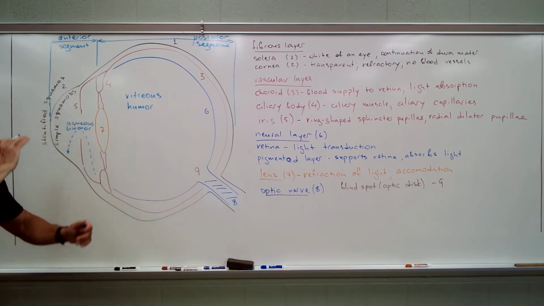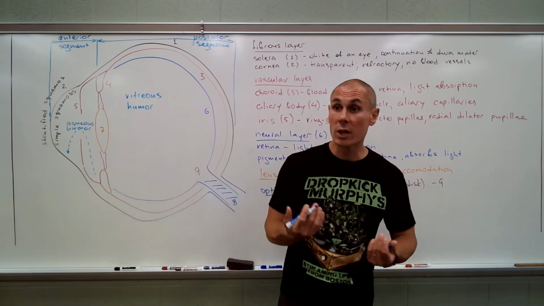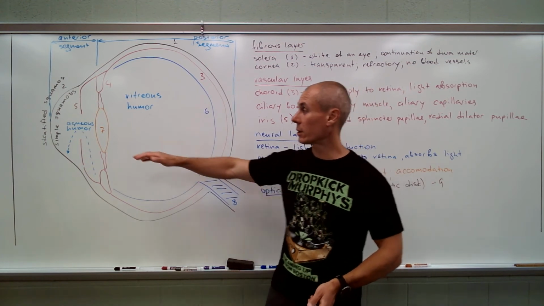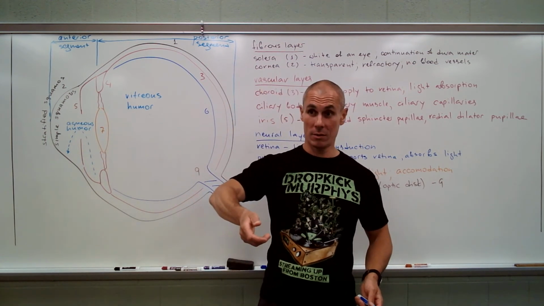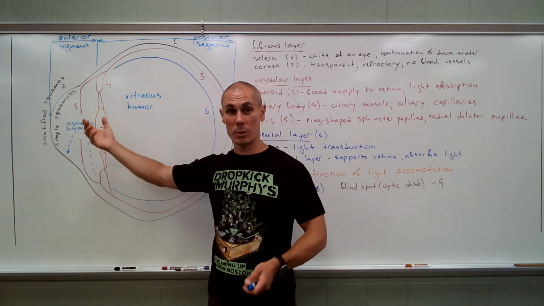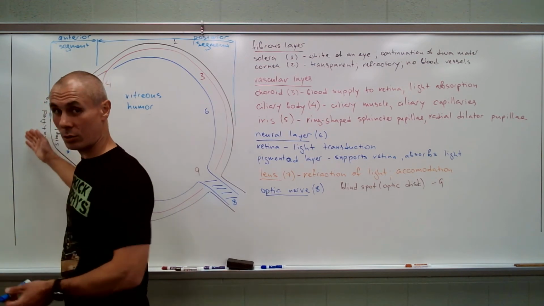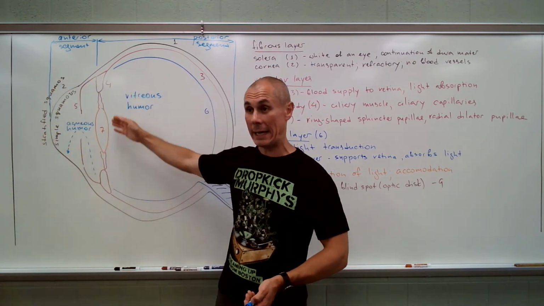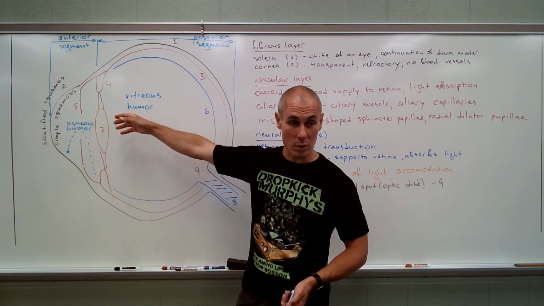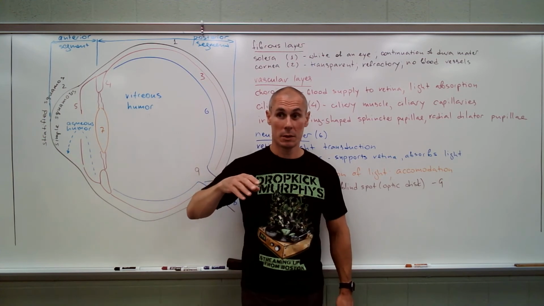Now, this is the watery liquid which contains, lo and behold, oxygen and nutrients. So aqueous humor essentially supplies oxygen and nutrients to your cornea and to your lens. The lens is a cellular structure, it's cuboidal epithelium. Okay? Does that make sense?